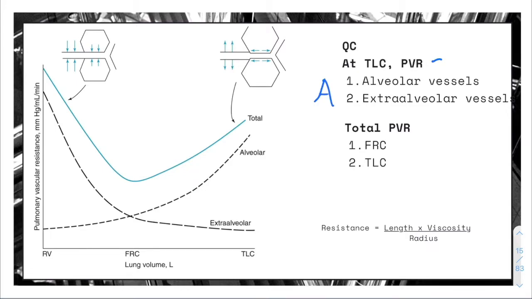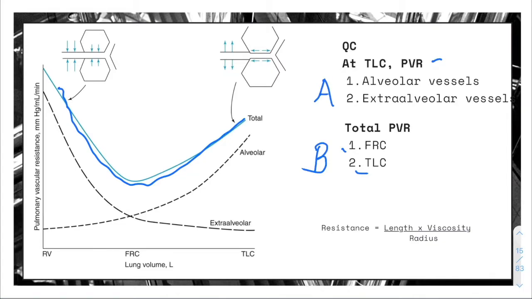While the total pulmonary vascular resistance at FRC and TLC, the total pulmonary vascular resistance is this line here. So you would note that at TLC you have a higher total pulmonary vascular resistance, so the answer here is B. So remember, resistance is related to the length and viscosity.